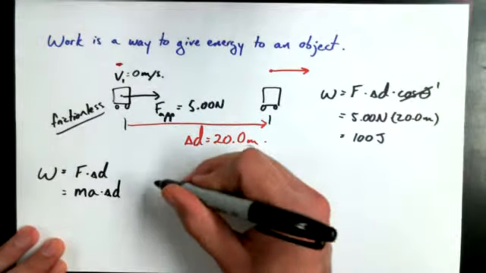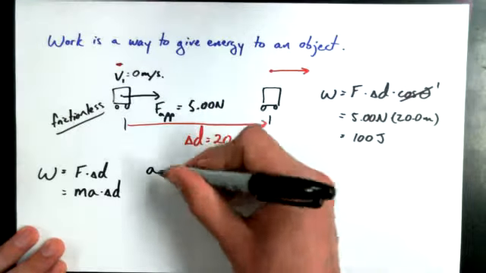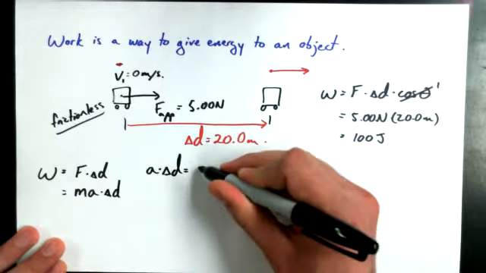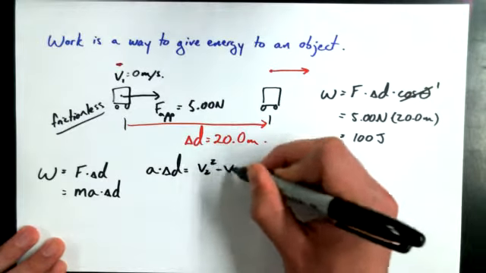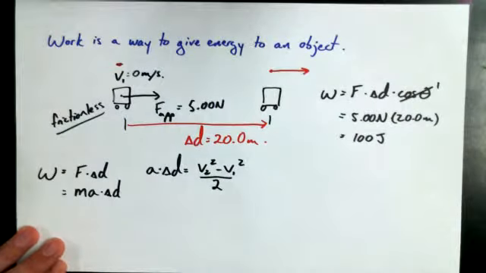And according to a kinematics equation that we said previously in our last unit, or 2 units ago I suppose now, acceleration times displacement could be rearranged to be equal to v2 squared minus v1 squared over 2. That's a rearranged version of an old kinematics equation that we've talked about.